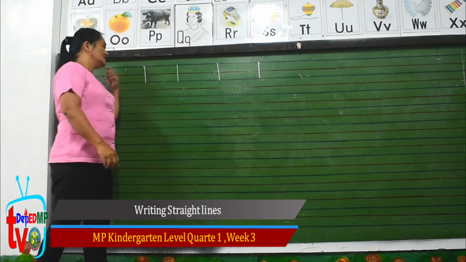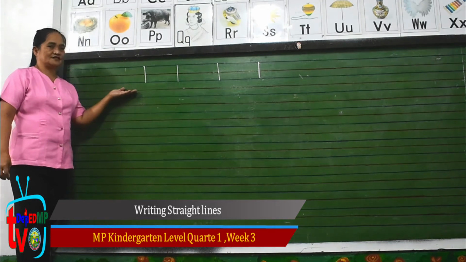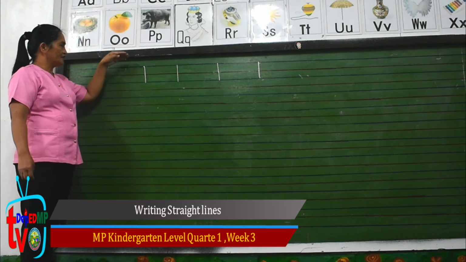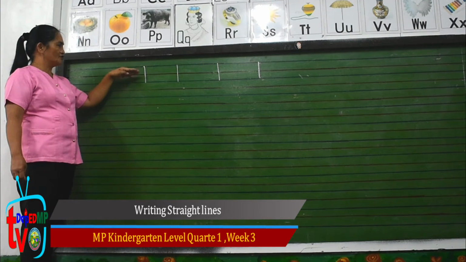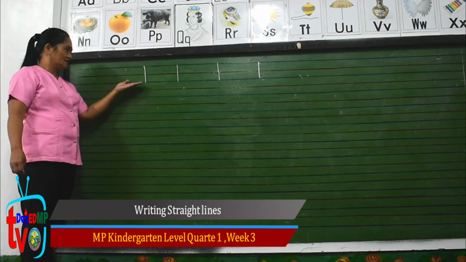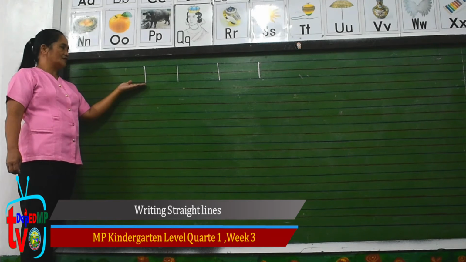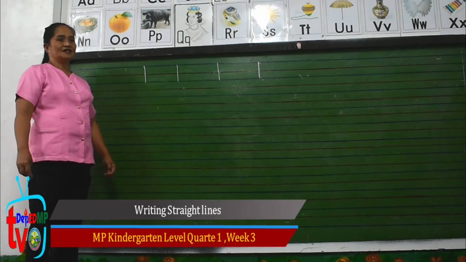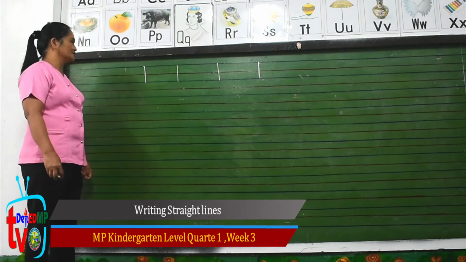There. That is how we are going to write the standing line. Start from the top, blue line, down to red, and then stop at the blue line. That is the standing line.